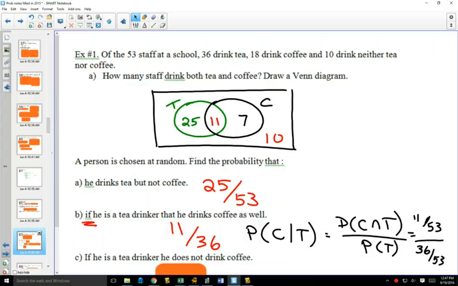We want to find the probability of coffee given it's a tea drinker. So our formula says probability of coffee and tea. Well, out of the 53 people, that's 11 out of 53. Divided by the probability of getting a tea drinker. Well, there's 36 tea drinkers out of the 53. And you can see if you take that fraction, divide by the other fraction, and reduce it, you would get 11 out of 36 as well.